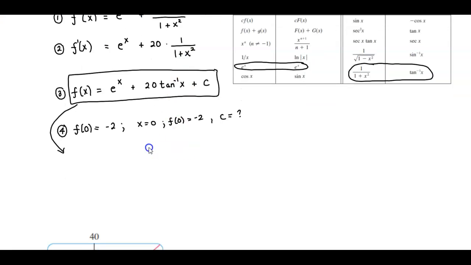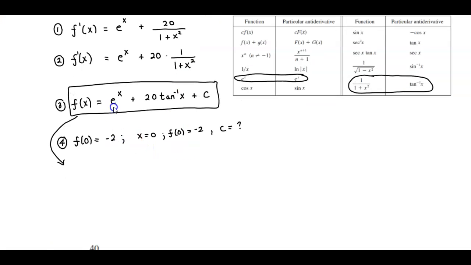Okay, so let's go ahead and plug in our value. So we know f of x is going to be negative 2. So it's going to be negative 2, which is going to equal e to the 0 plus 20 times the tangent inverse of 0 plus c.